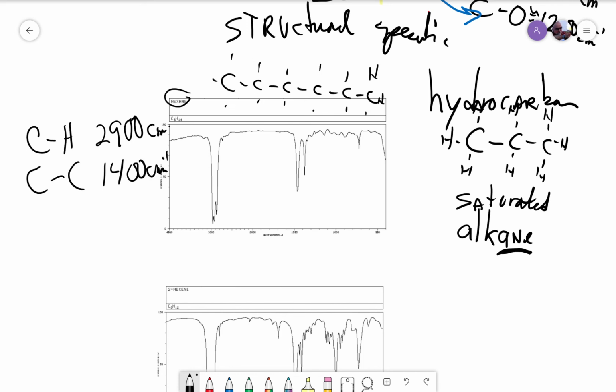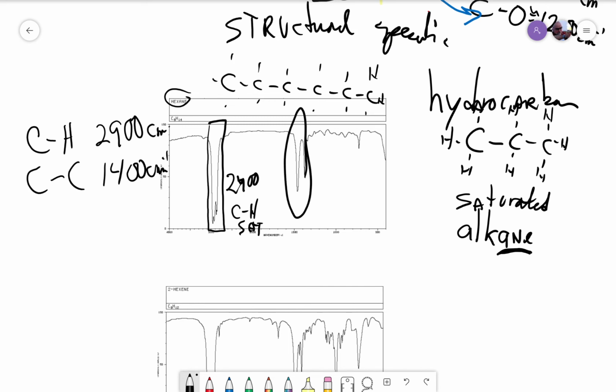So if we look at the spectrum of an alkane, we would expect to see a 2900 peak for those single bond hydrogens, and peaks at about 1400 reciprocal centimeters, which correspond to the CC single bond.